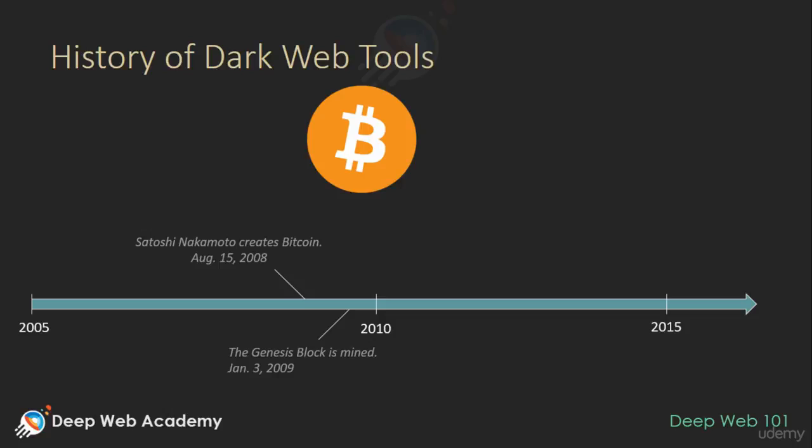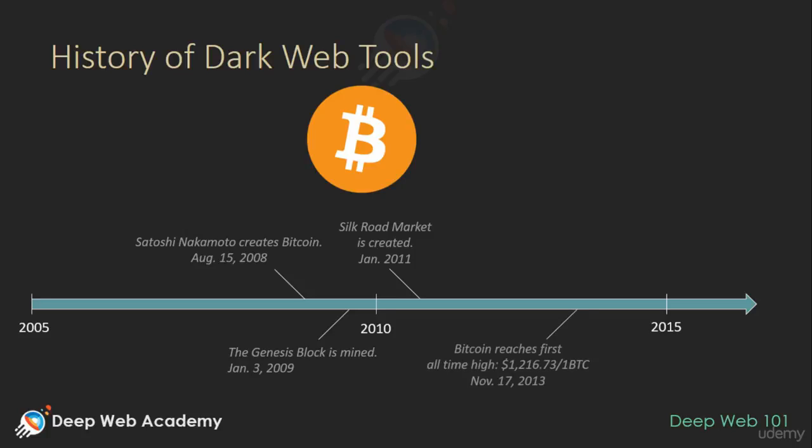But it only took about a year, less than a year, for the actual first Genesis block to be mined, and this was the very first Bitcoin to ever be released into the public. About 2 years later, the Silk Road market was created, and this is important to the Bitcoin process because this was a dark web market that sprung the use of Bitcoin and caused its value to go up dramatically over the next few months and years.